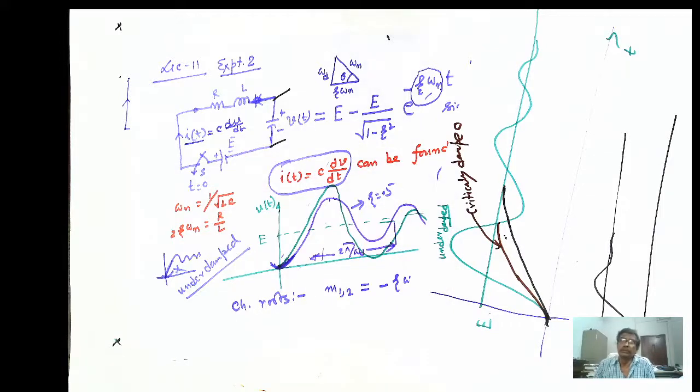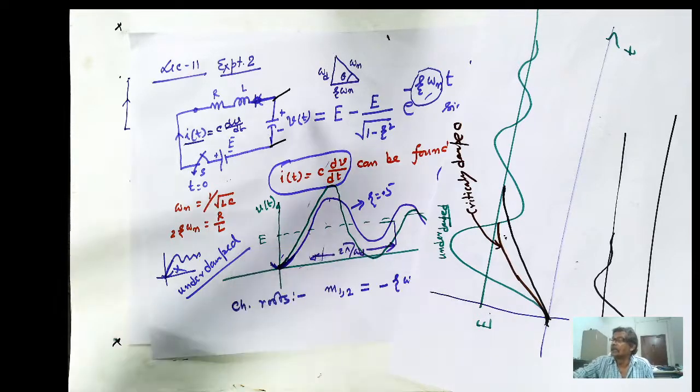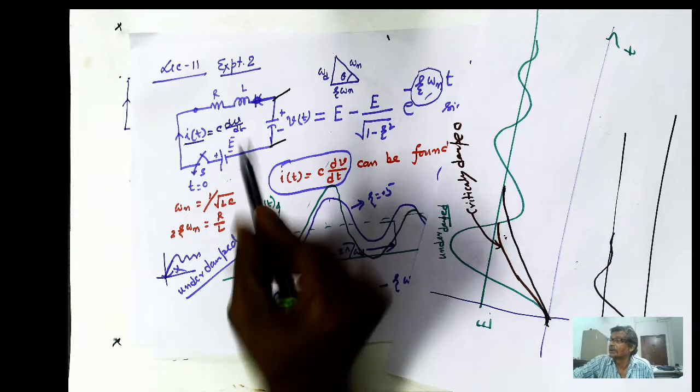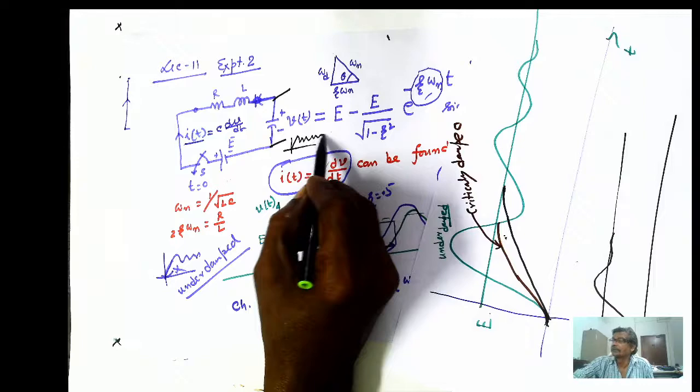If the R value is pretty small, in fact, look at the zeta expression. If you choose a very little R value, there will be more oscillations in the circuit before the capacitor voltage becomes E, and it will look somewhat like this, the capacitor voltage.